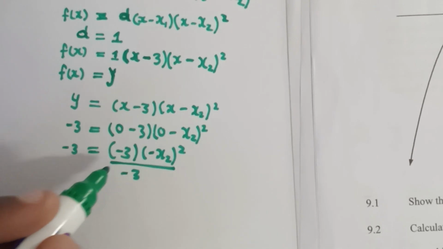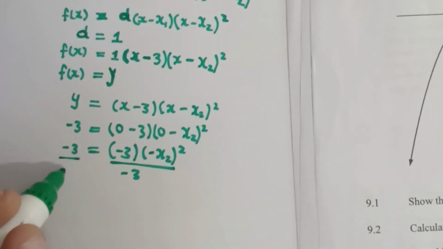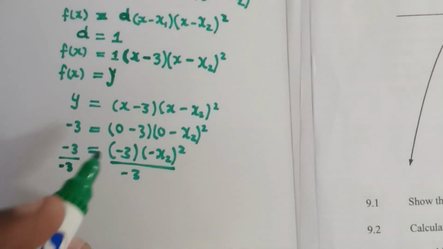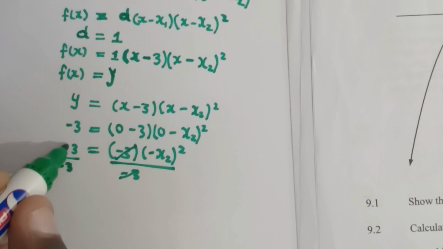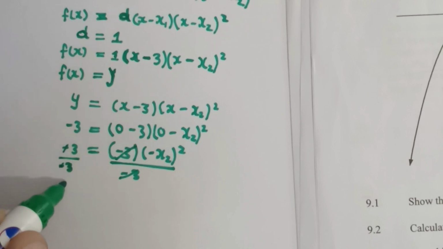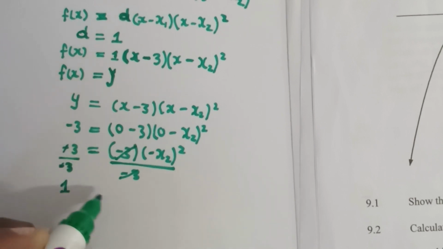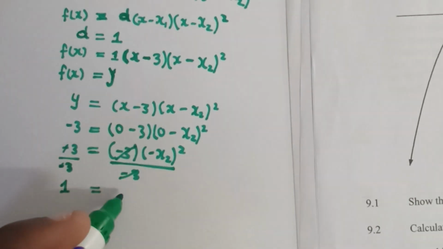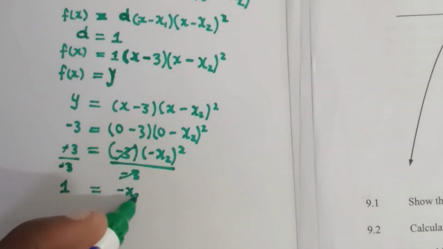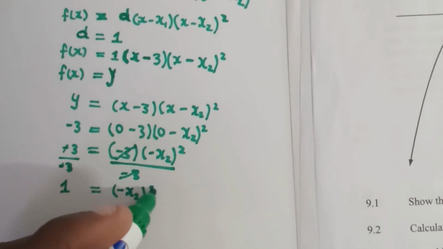So we divide this side by negative 3, and this side by negative 3, and then we cancel this one out. You can see that negative over negative gives you a positive 1 on that side. So here is negative x2 squared.